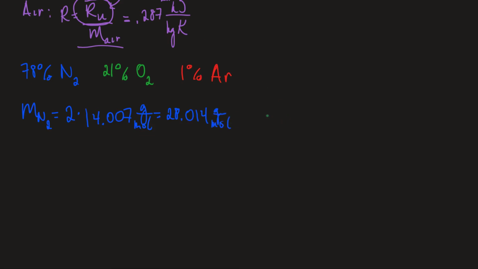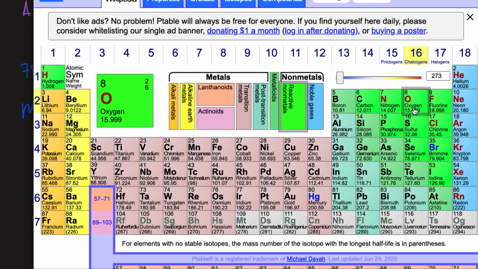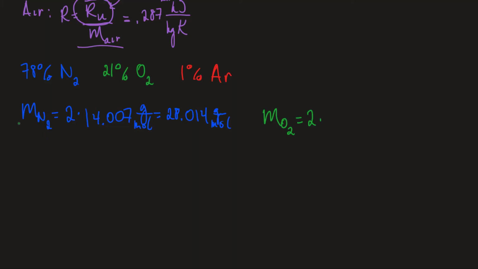Moving on to oxygen. For the molar mass of oxygen, we also have to multiply by 2 for a similar reason. Oxygen's molar mass is 15.999 grams per mole, so 2 times 15.999 grams per mole gives us 31.998 grams per mole.